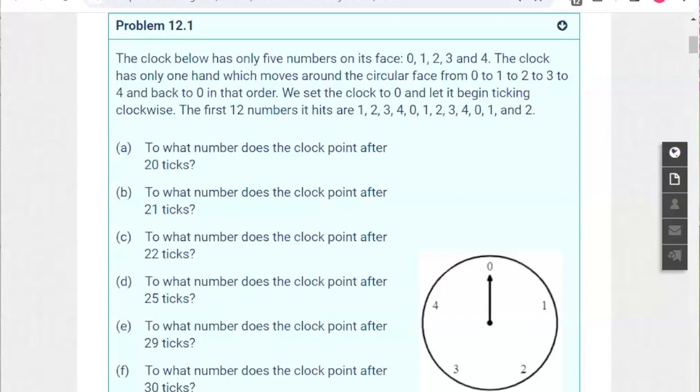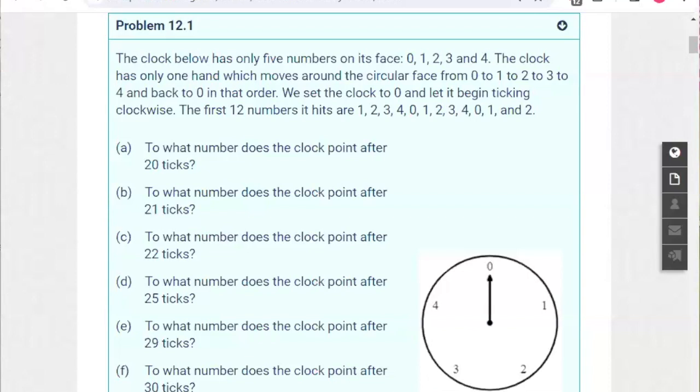So what's the 11th tick going to hit? The 1, right? What is the 12th tick going to hit? The 2, right?